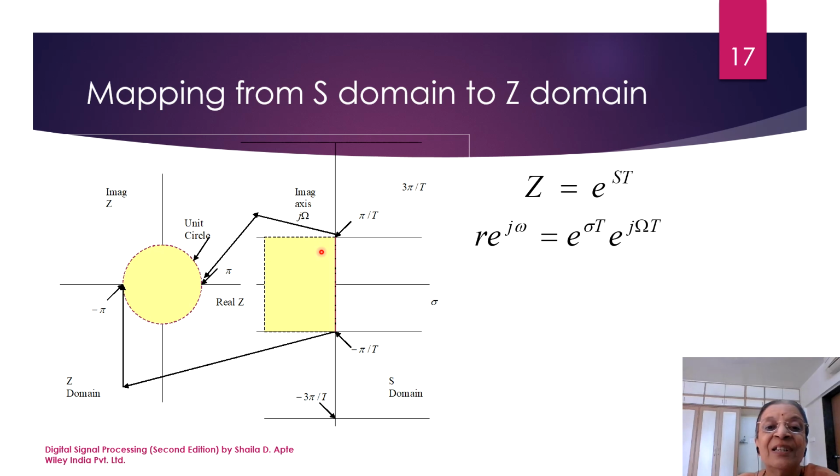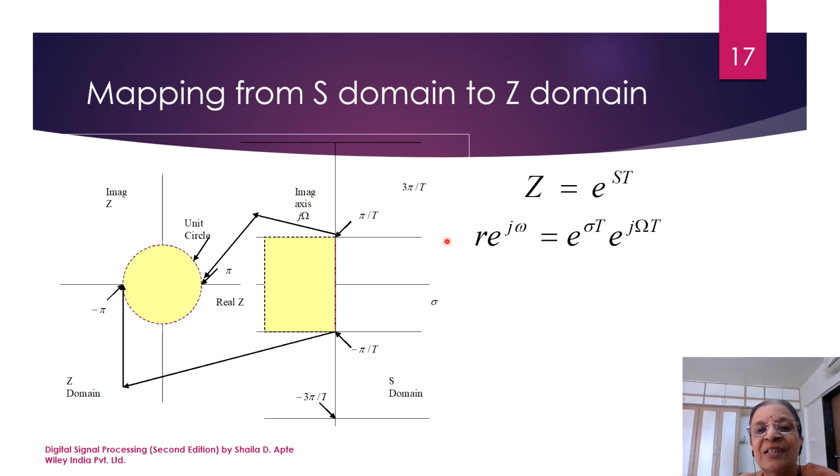Now, if you consider the strip on the left-hand side of the imaginary axis between minus pi by t to plus pi by t, this entire strip will map onto the inside area of the unit z circle. And the right-hand side of the imaginary axis in the s domain will map onto the area outside the unit circle.